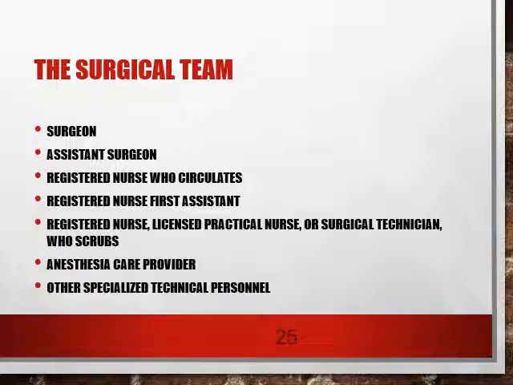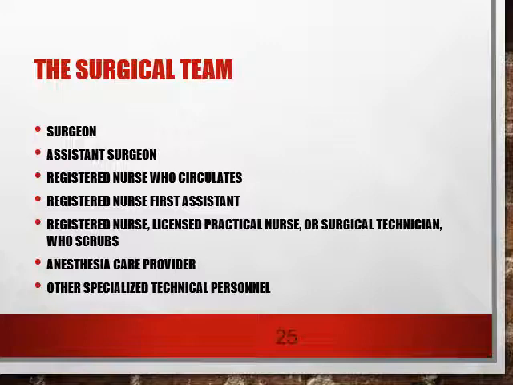All right, so who's on the surgical team? Well, the surgical team consists of the surgeon, and he needs an assistant. There's usually a registered nurse who circulates. So she or he is not sterile. They circulate and they get things that are needed. They may take specimens to the lab or to have the biopsies looked at. They may put the Foley catheter in.